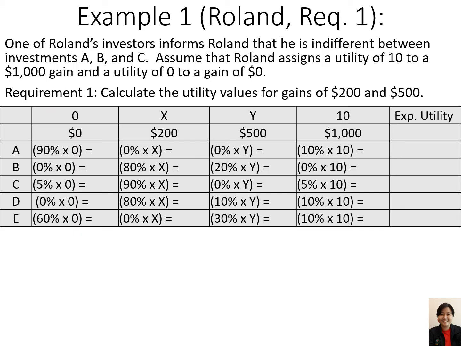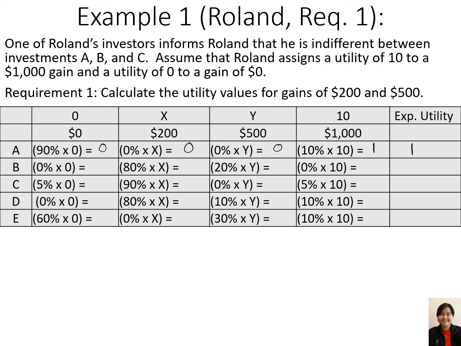Next, we need to find the values of X and Y. For investment A, we have 90% times 0, we have 0. 0% times X, 0. 0% times Y, 0. 10% times 10, 1. So let us add 0 plus 0 plus 0 plus 1 is equal to 1.